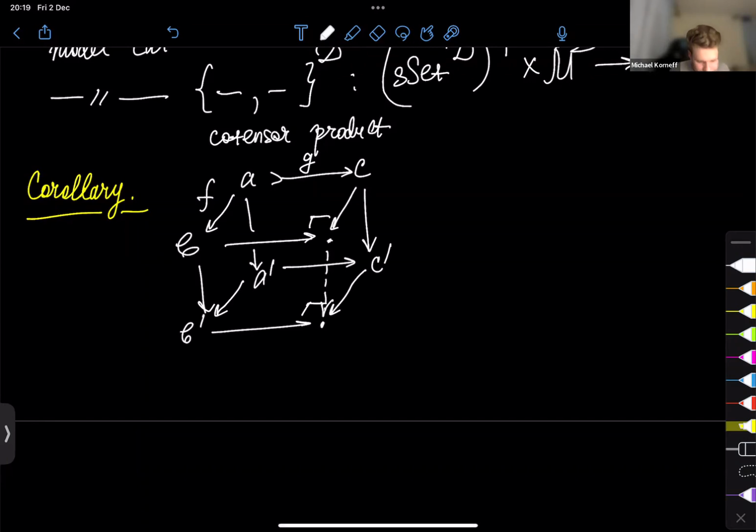So we consider the diagram in a simplicial model category.